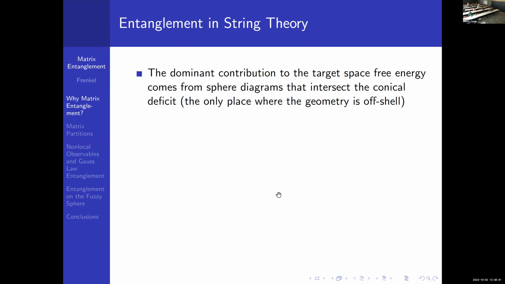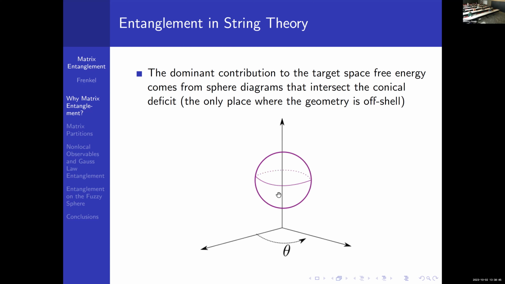So the dominant contribution that they find comes from sphere diagrams that intersect the conical deficit angle, where the black hole horizon is. And this is the only place where the geometry is off shell. So this is the only place where the sphere partition function contributes. This data is Euclidean time.